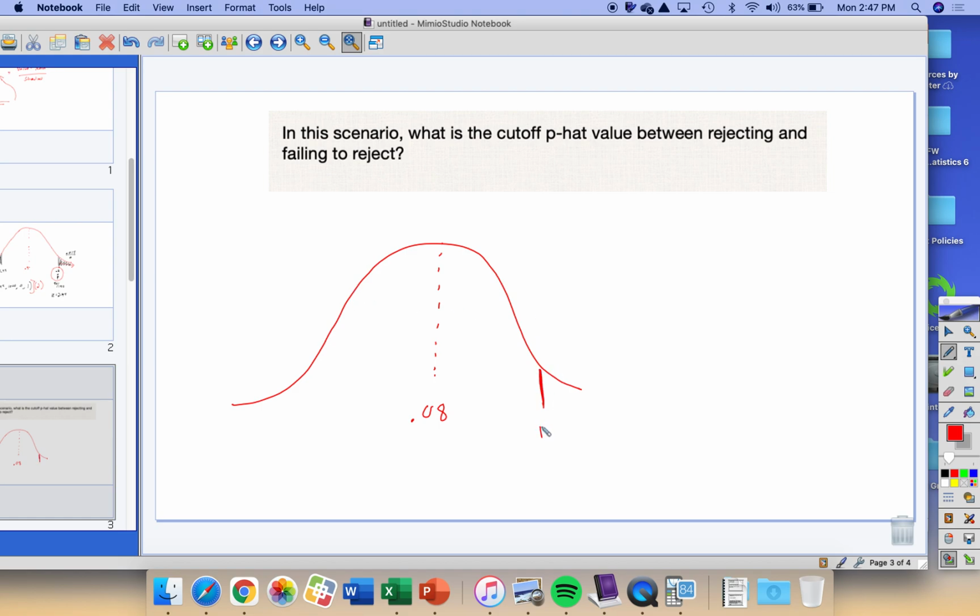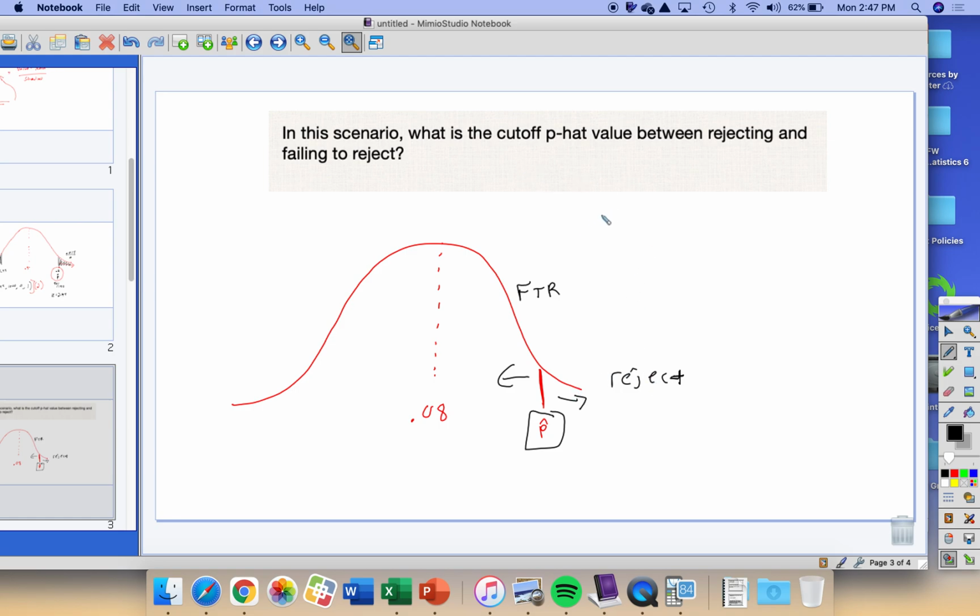There's some value p-hat that to the right we would have rejected our truckload, and to the left we would have failed to reject. So I'm going to say FTR, failed to reject, which means that we're going to allow the truck to come into the potato chip factory. So the question is, what is this value that is the cutoff between failing to reject and reject?